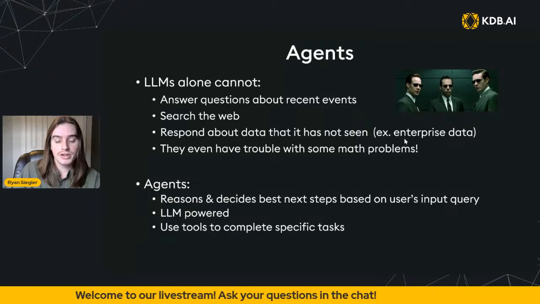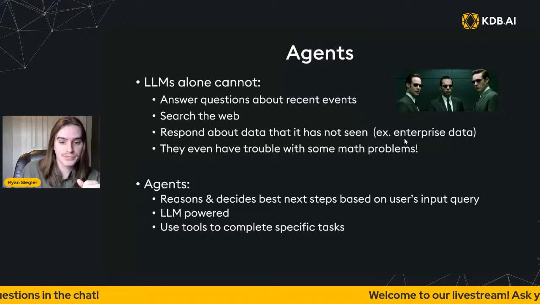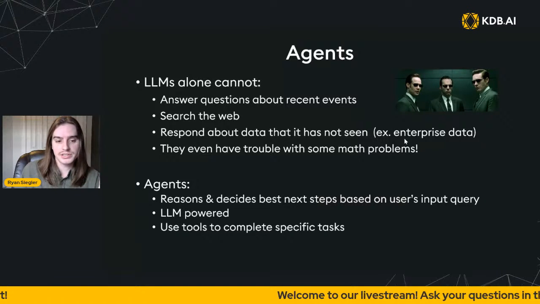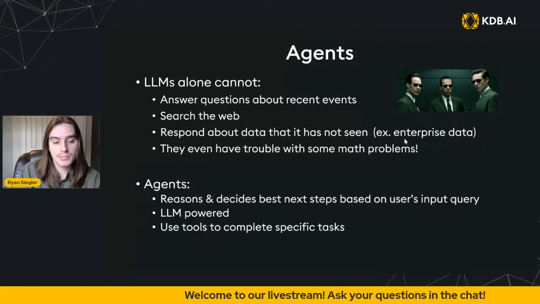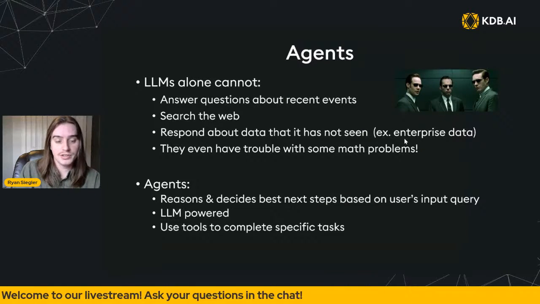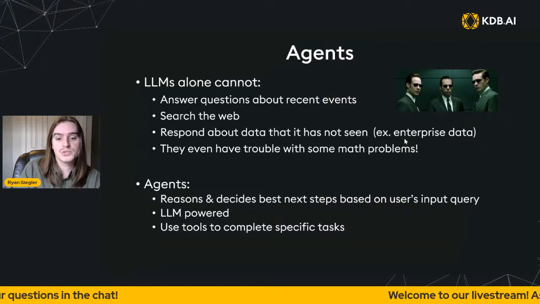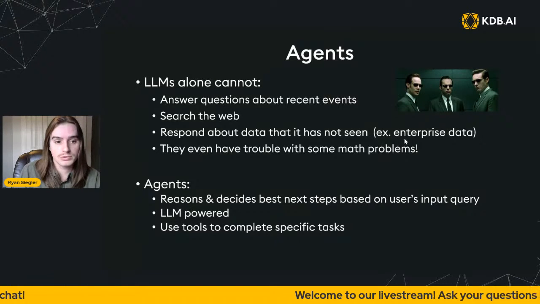And when we're doing our development, agents are one way that we could start to solve for some of these limitations. So what an agent is: it is an LLM powered decision making engine. And its main purpose is to reason what steps need to be taken in order to solve a problem.